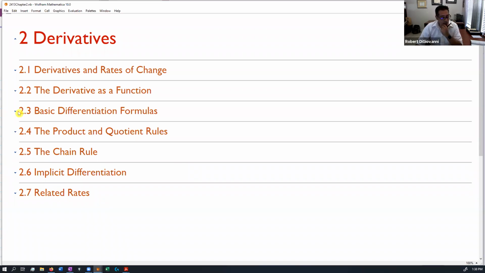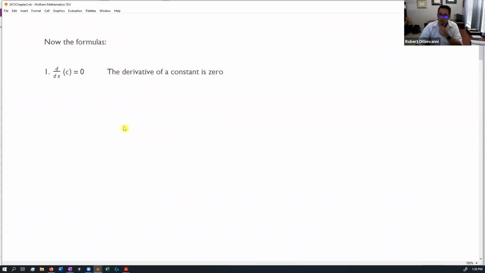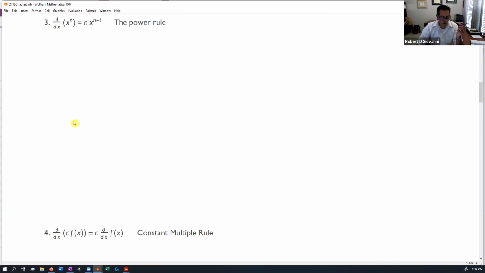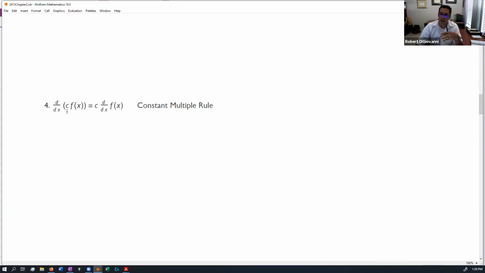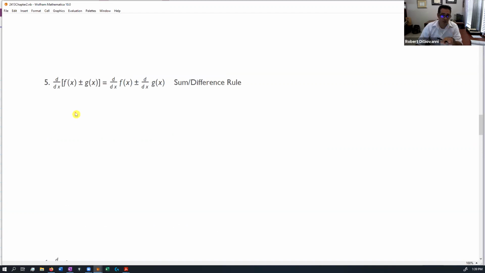So just as a recap, we should all understand these formulas from before. Derivative of a constant is 0. Derivative of x is 1. Power rule, the very important power rule. If we have a constant attached to the function, it comes for the ride. If we have addition or subtraction between things, we can do them individually.